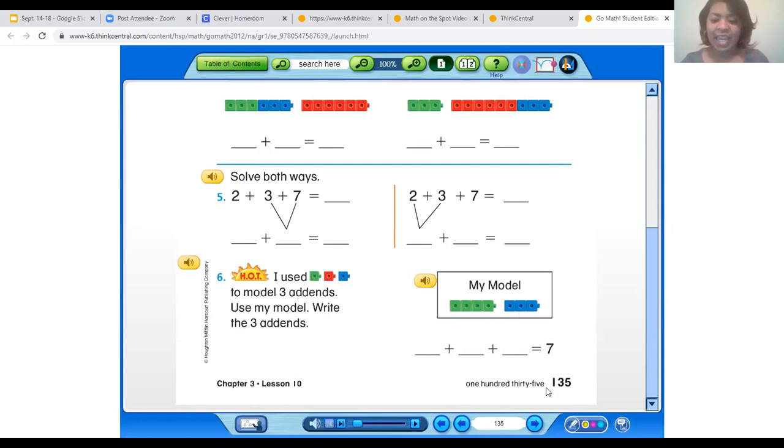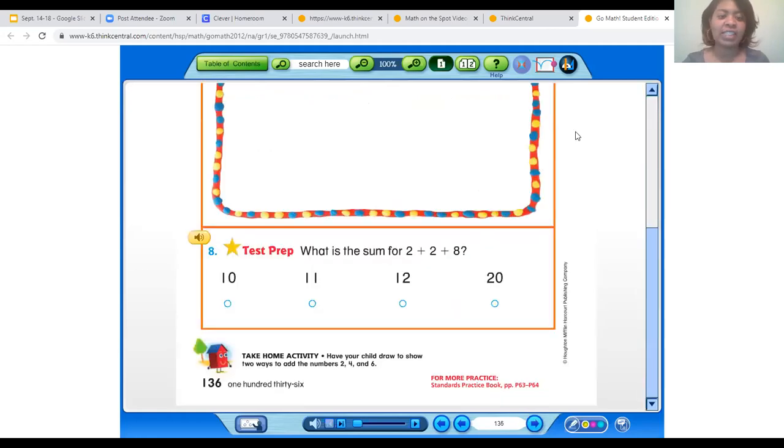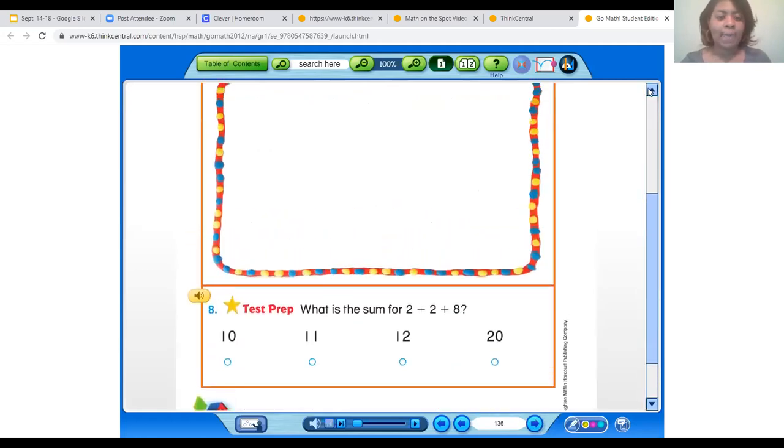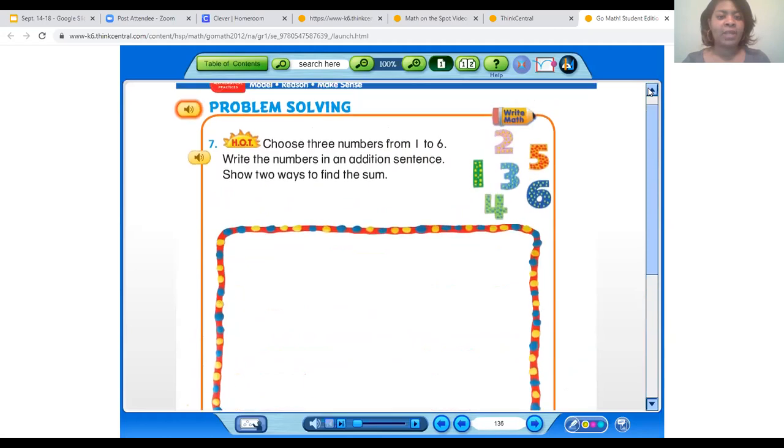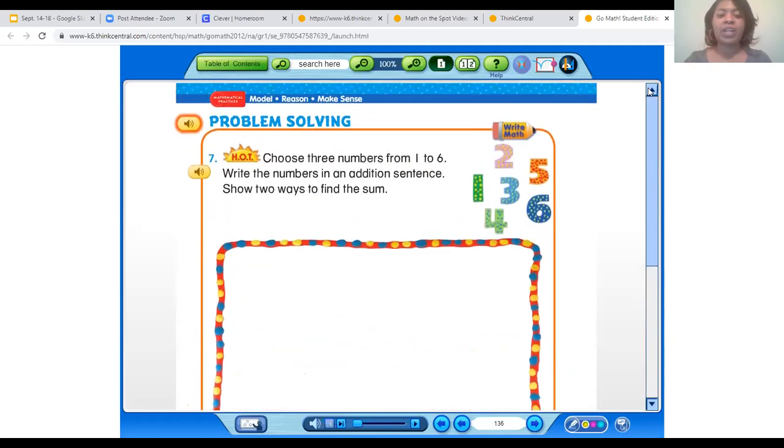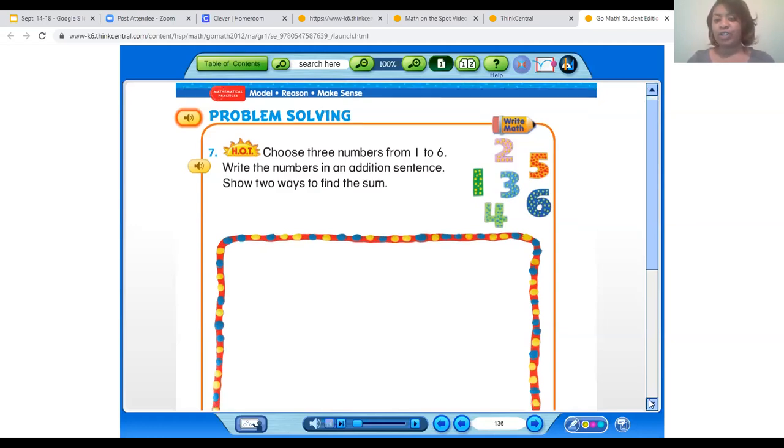In our last page, page 136. All right, you're going to choose 3 numbers from 1 to 6 and write the numbers in an addition sentence and show 2 ways to find the sum. So this part right here, you get to be creative and figure out what you want to do.